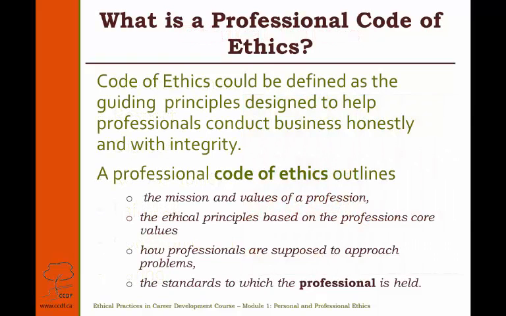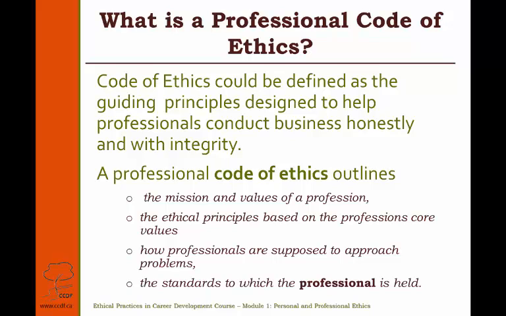Our definition of ethics also included standards governing a profession. In many cases, these professional standards are referred to as a code of ethics. So what's a professional code of ethics? Well, they're the guidelines that set acceptable conduct or behavior for a profession. They're the guiding principles designed to help professionals conduct business honestly and with integrity.